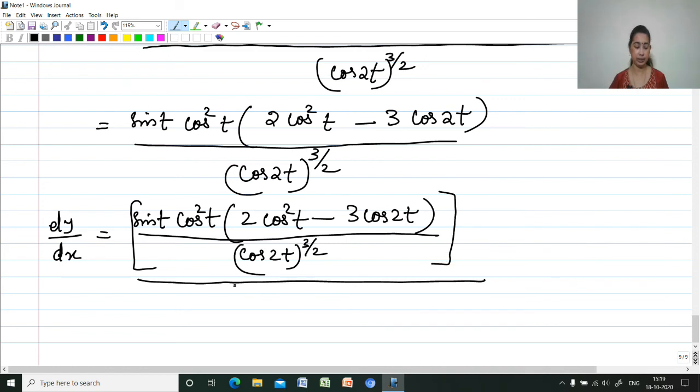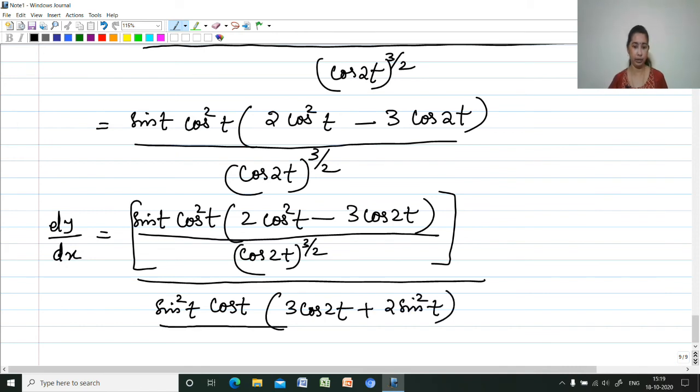Then now dx by dt. dx by dt is sin square t into cos t into 3 cos 2t plus 2 sin square t, whole divided by cos 2t raised to 3 by 2. This is dx by dt.